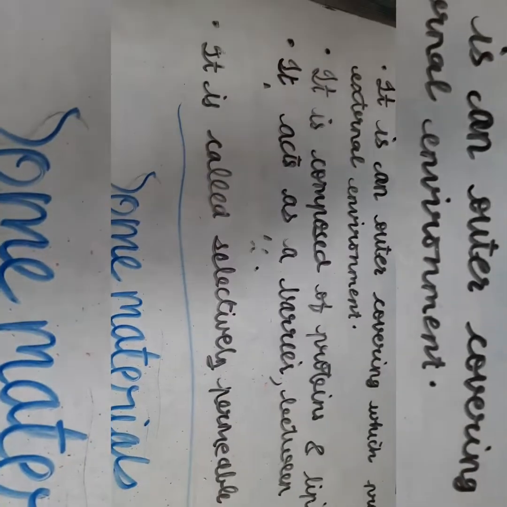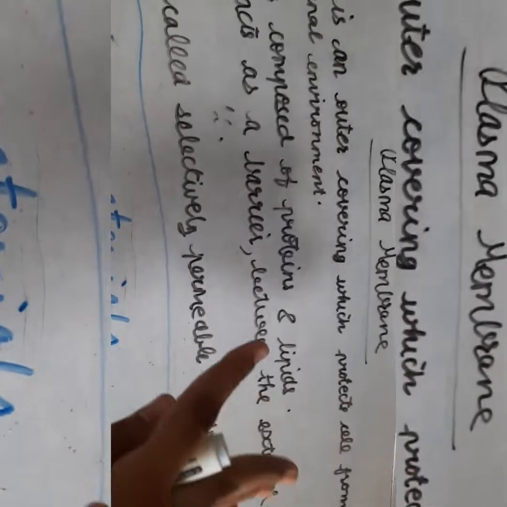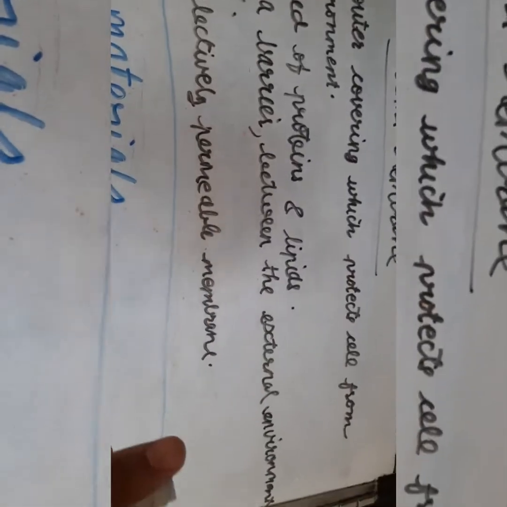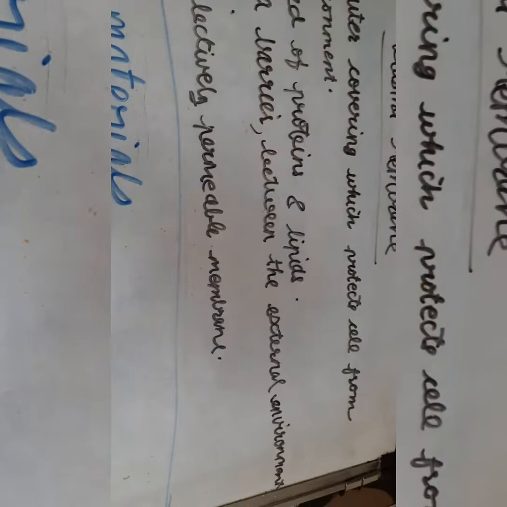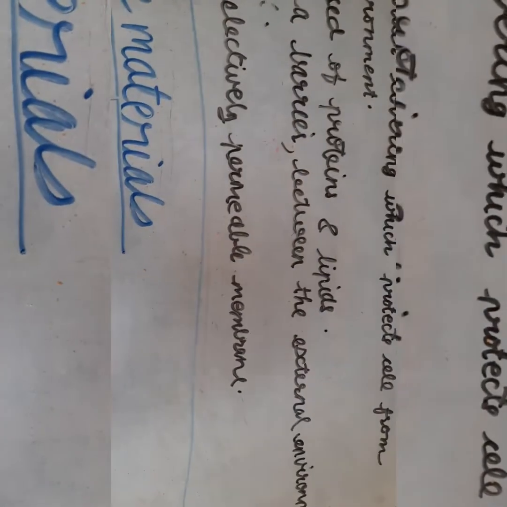It is a barrier which stops something from entering inside the cell. In simple terms, we can say that it protects the animal cell or the plant cell.